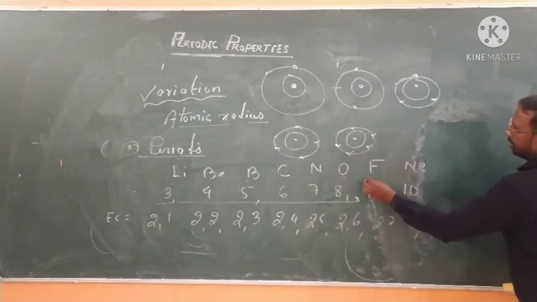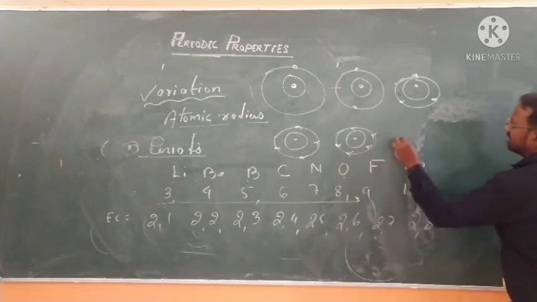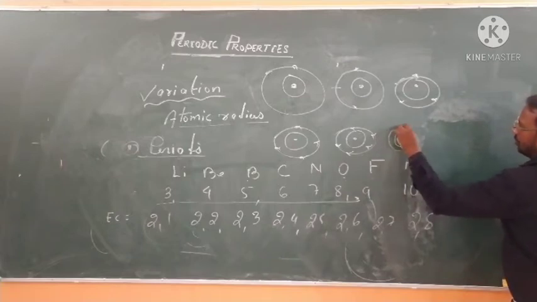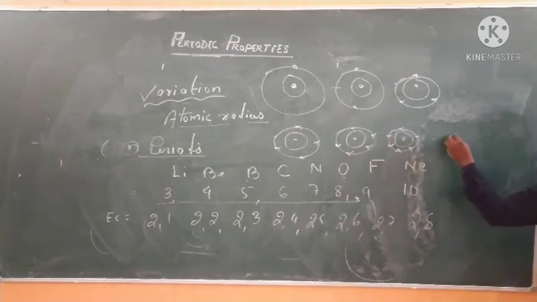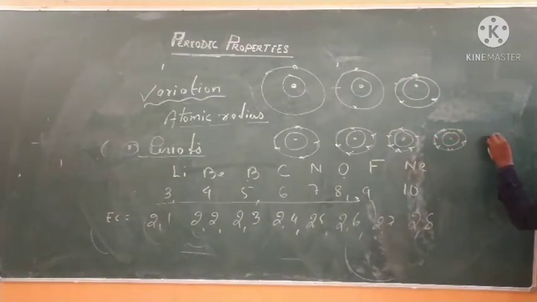Just I am going to write the image of fluorine. It is oxygen: 1, 2, 3, 4, 5, 6. In the case of fluorine, 1, 2, 3, 4, 5, 6, 7. And in the case of neon, 1, 2, 3, 4, 5, 6, 7, 8.